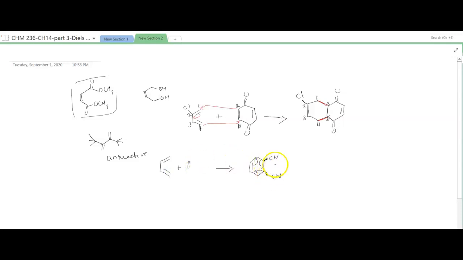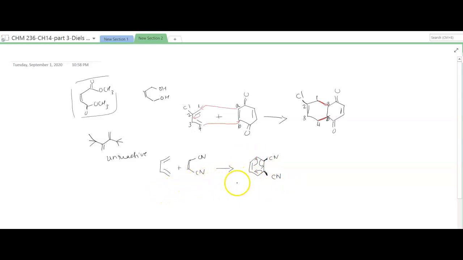Now make sure you put the correct geometry. Both have a cis geometry, so that means both should be pointing the same way. Oh, you don't need the dark bond, just drawing it in this manner should be okay. So you can put CN and then CN here. So these are the starting materials for the formation of this product.